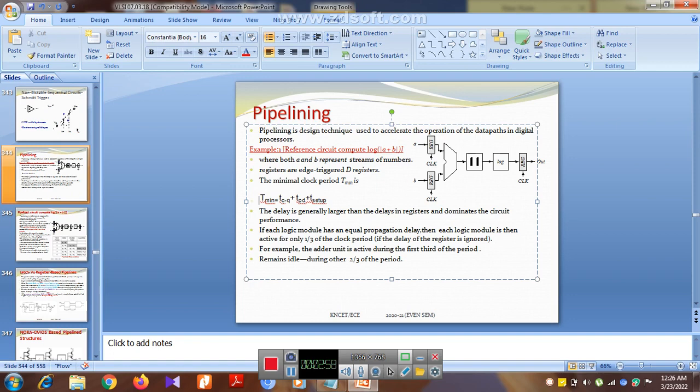For the clock period, for 1/3 the adder circuit is active. For the remaining 2/3, it remains idle. It is mainly used for the adder only here. So the clock period can be used only for that 1/3, right?